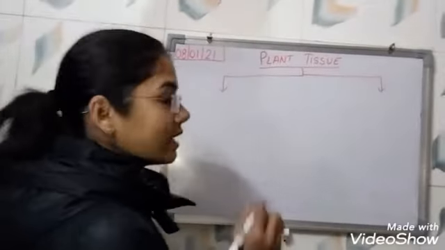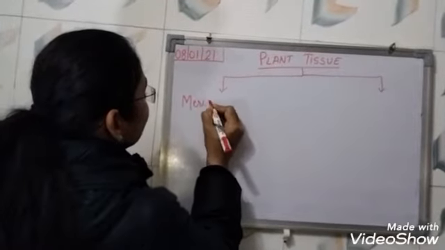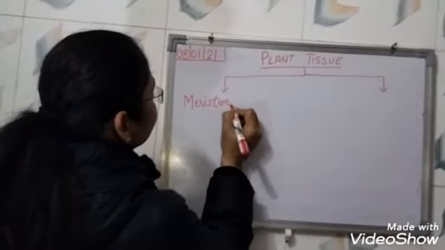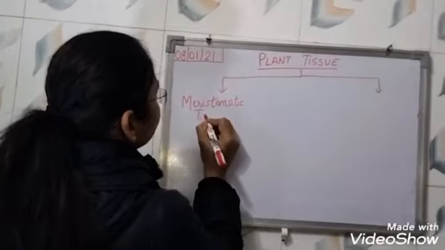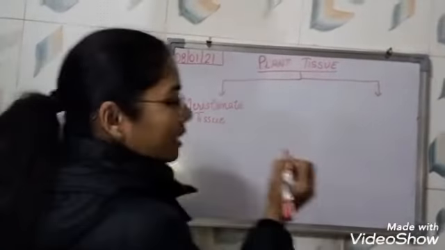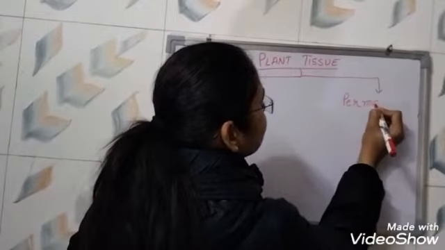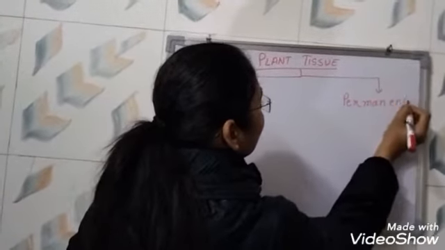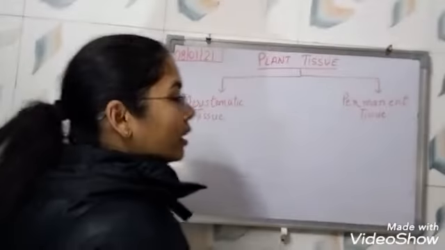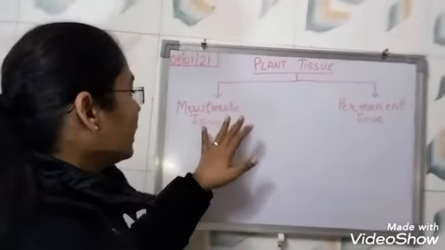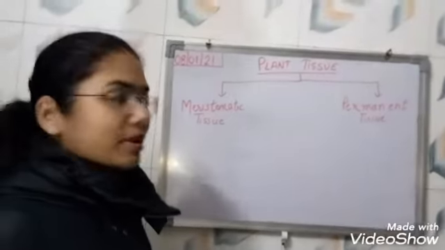The first is meristematic tissue, and the second is permanent tissue, right? Today we are going to study in detail about meristematic tissue only, and tomorrow we will cover the permanent tissue.